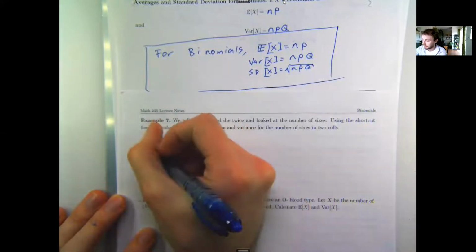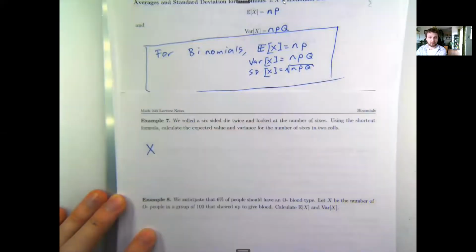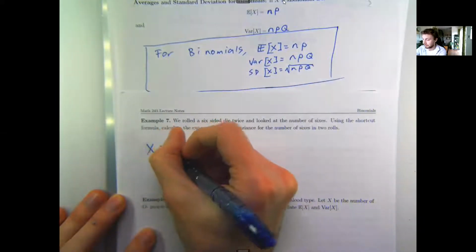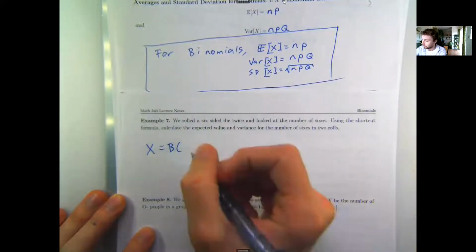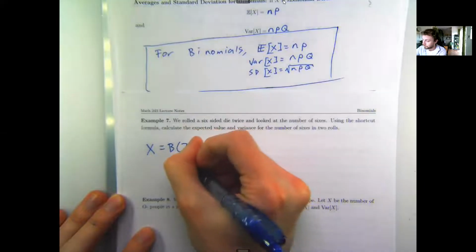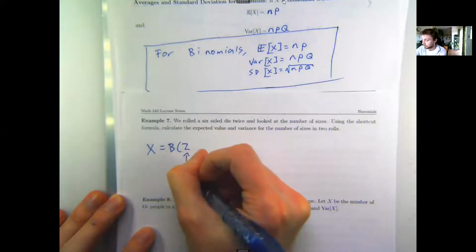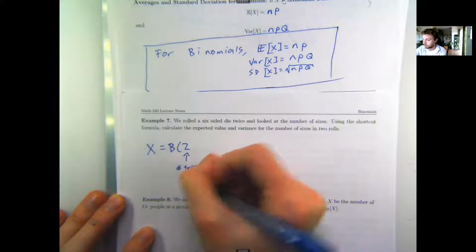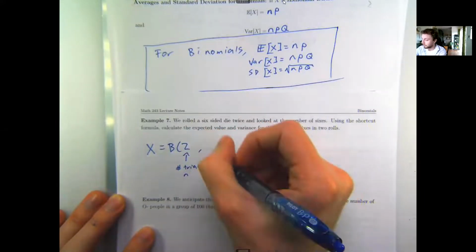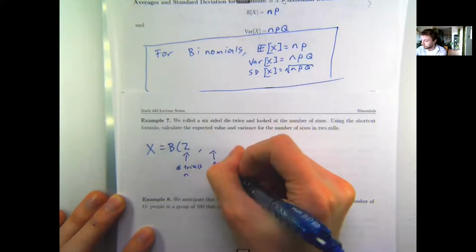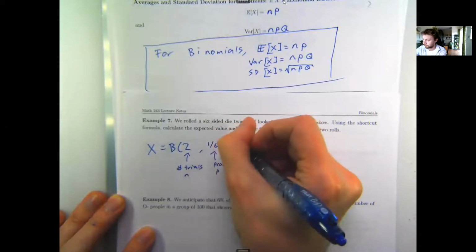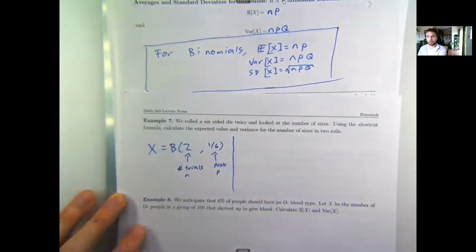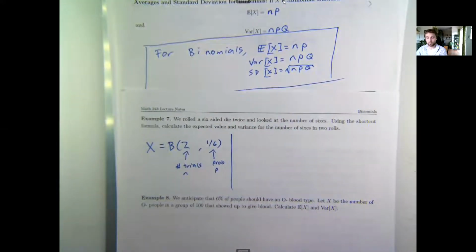I would say this variable X is binomial, a success or a failure. I'm rolling the dice 2 times. So this first number will be the number of trials. This is my n. And the second value will be my probability of success, P. So that's just a little bit of special notation for binomials. We'll see this showing up as we go through problems.